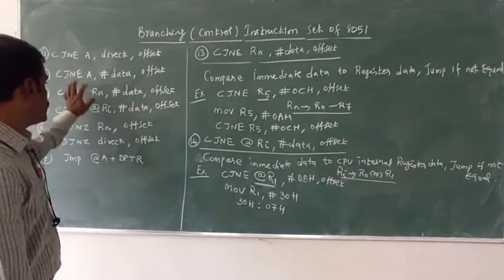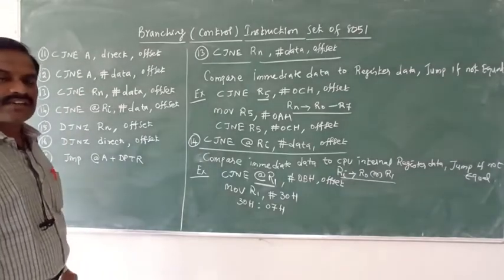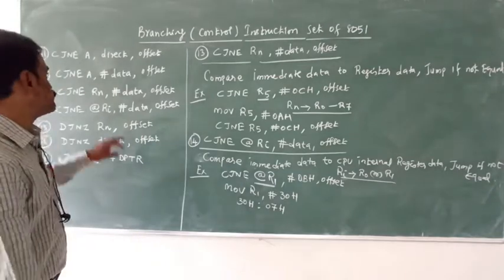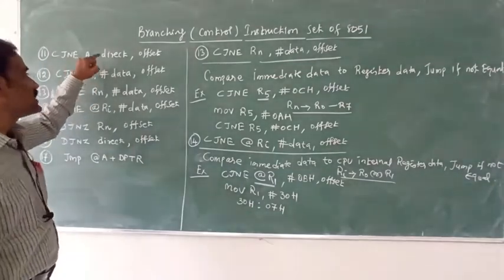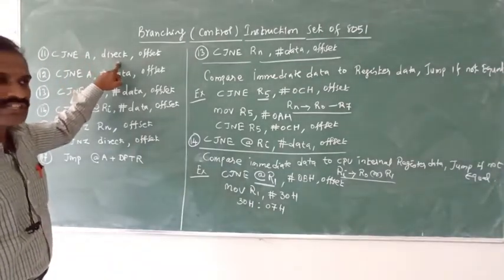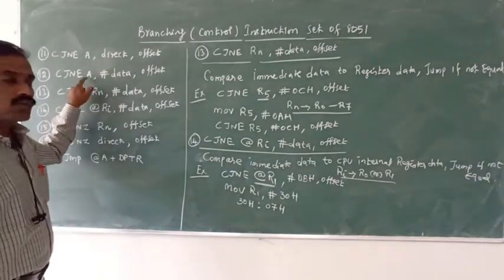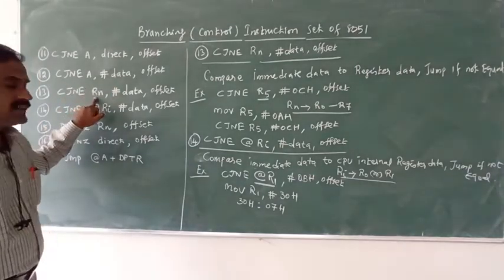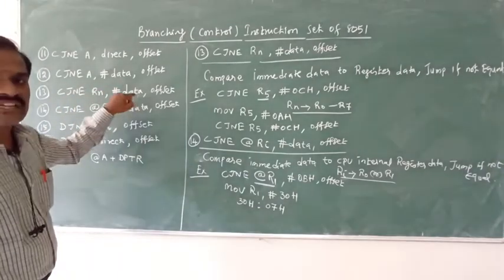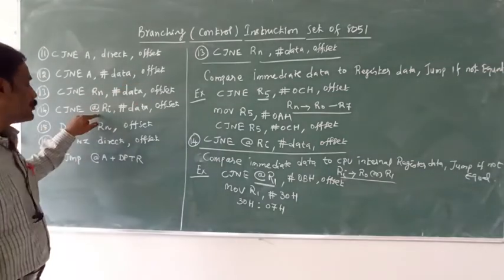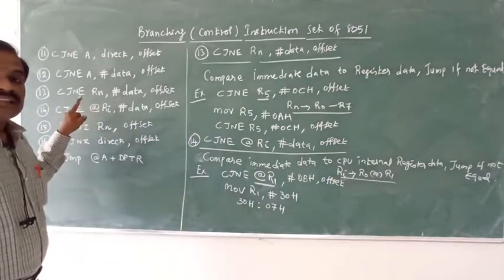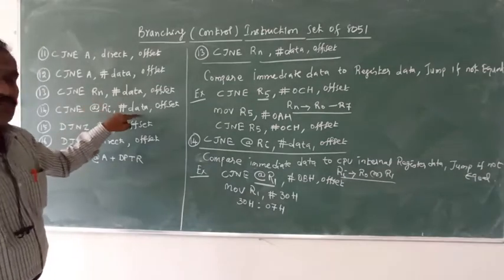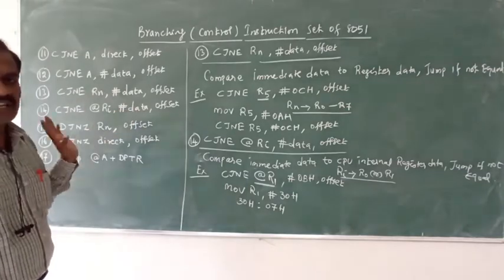Okay, all four instructions compare two data. The first instruction compares the accumulator with the direct memory address location. The second compares the accumulator with the immediately given 8-bit data. The third compares the register data with the immediately given 8-bit data, and the fourth compares the indirect register memory address location data with the immediately given 8-bit data.